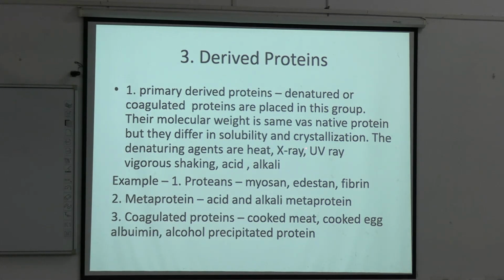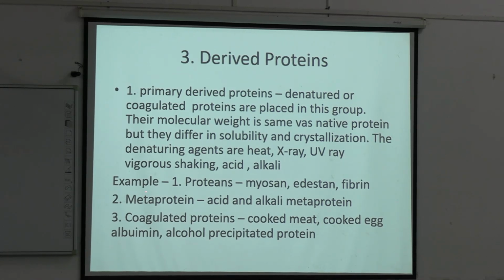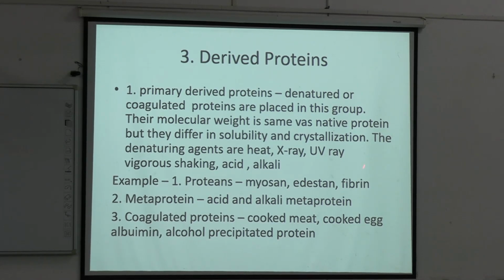The denaturing agents are heat, X-ray. So multiple X-ray exposure is not good for our health. UV ray, vigorous shaking, acid or alkali. Examples: proteans, myogens, elastin, fibrin.